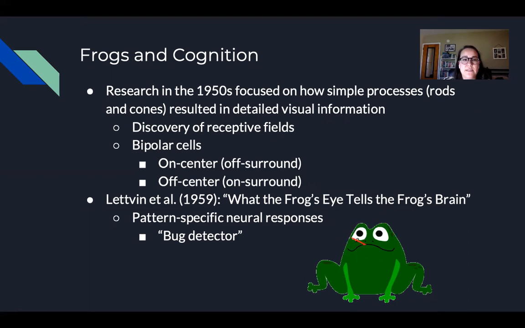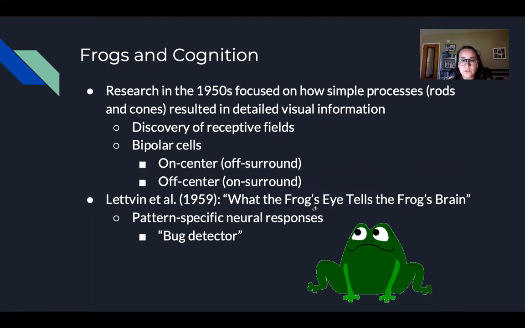The other type is the inverse. These are called off-center, on-surround. As you can imagine, with these ones, when the light strikes the center of the cell, it turns off the cell activity. Whereas light that falls on the surrounding area outside of the receptive field is what causes cells to respond.